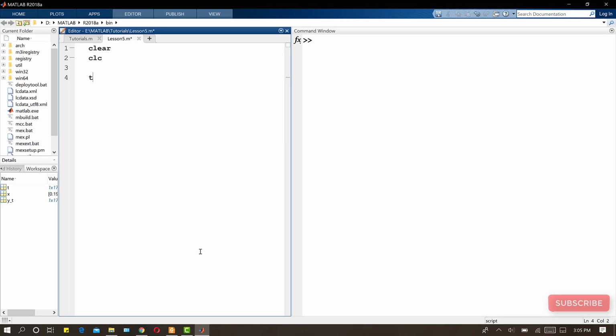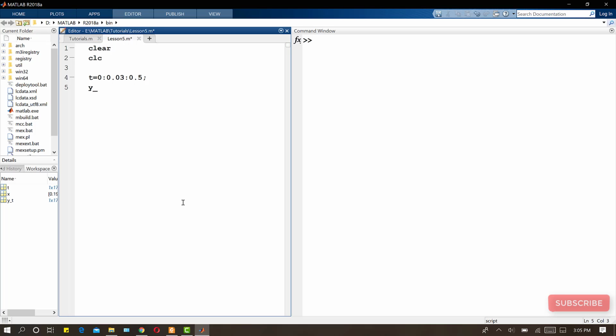I will write t equals 0, with a spacing of 0.03, and the end point 0.5, and I suppress this because I do not want to print the time on the screen.